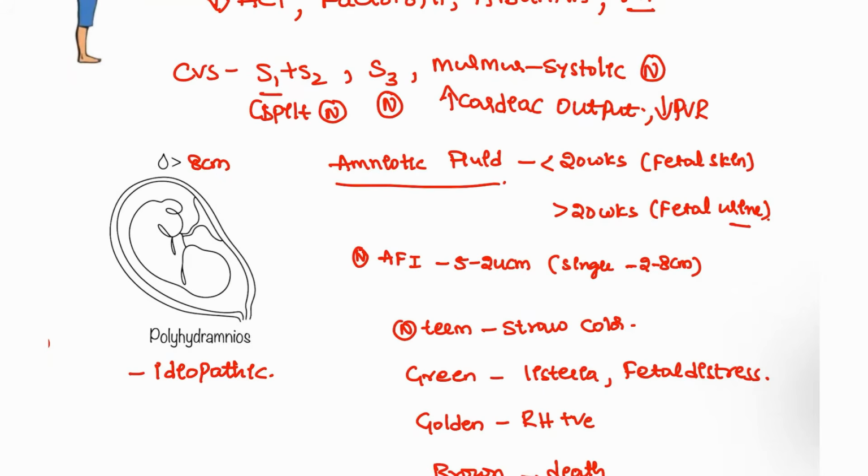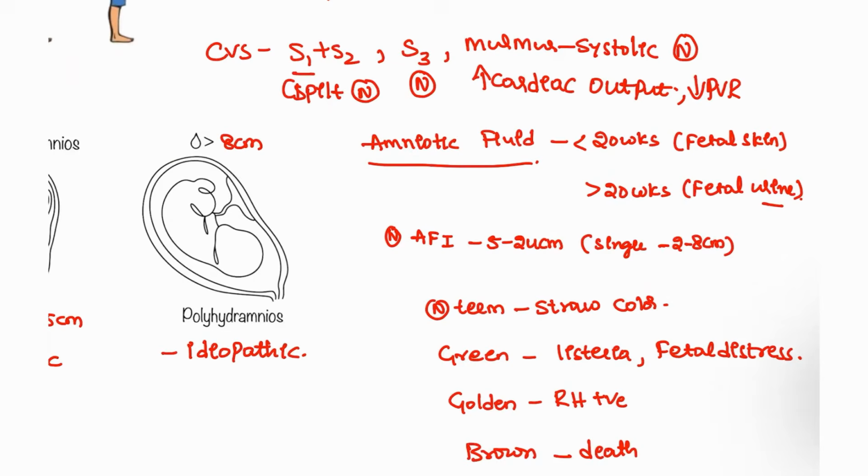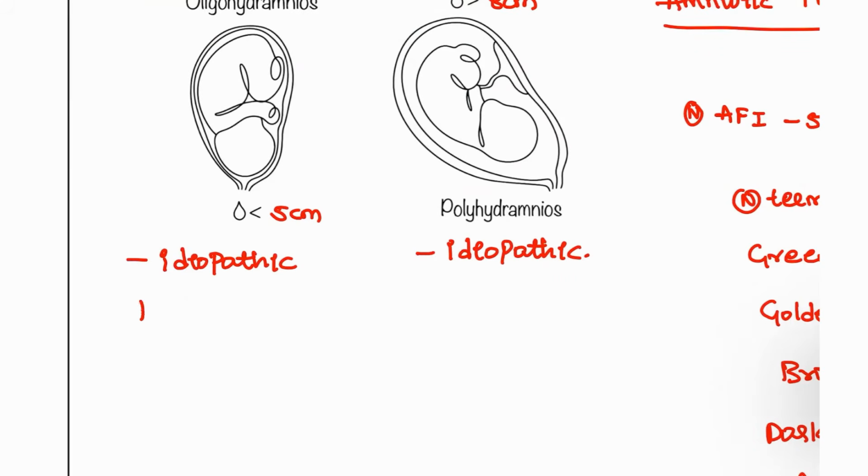Urine plays the main role. So if the patient has oligohydramnios, renal agenesis could be the cause. If it is severe, it is likely due to renal agenesis or fetal renal anomalies.